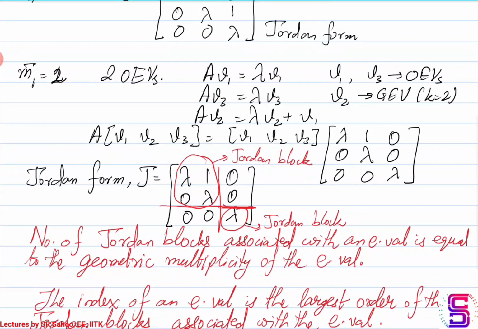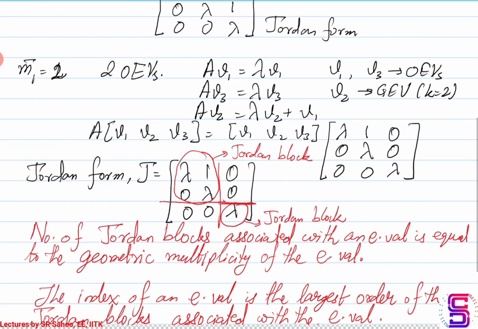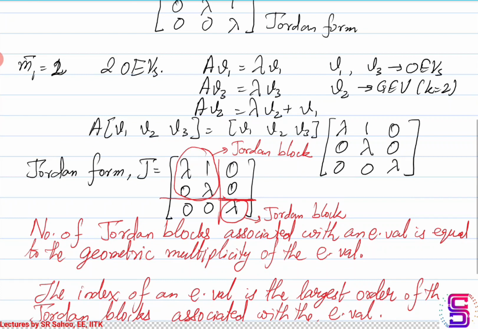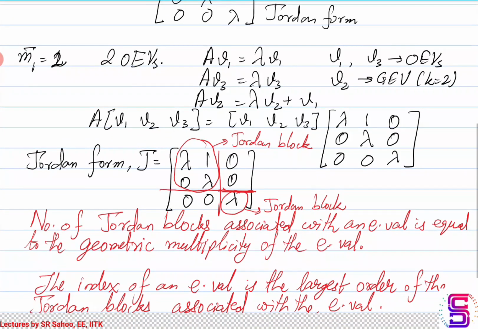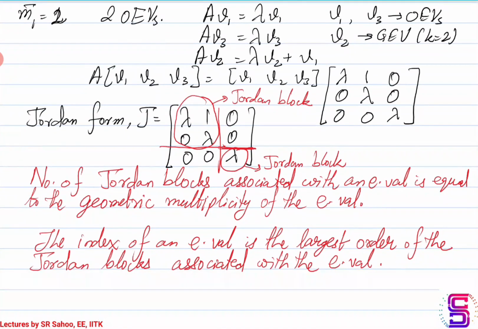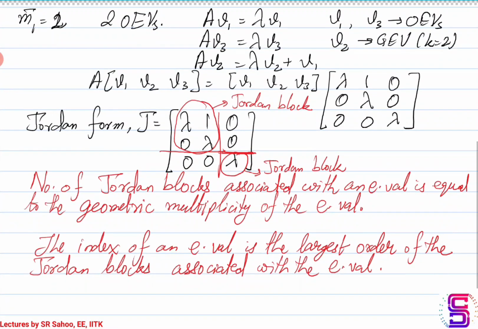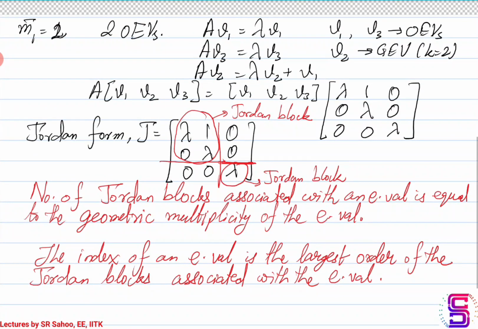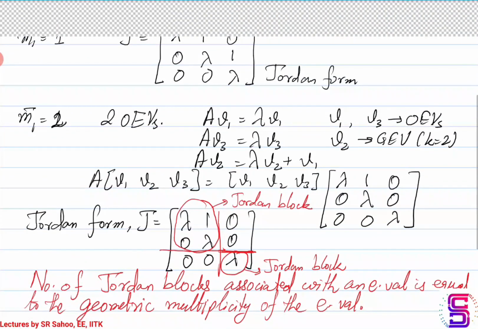Similarly, in the second case, when the geometric multiplicity of the eigenvalue is 2, there are two Jordan blocks, and the index of the eigenvalue is 2, because the largest order of the Jordan block associated with the eigenvalue is 2. It is a mere coincidence that when M1 bar is equal to 2, the number of Jordan blocks is 2 and the index of the eigenvalue is also 2.